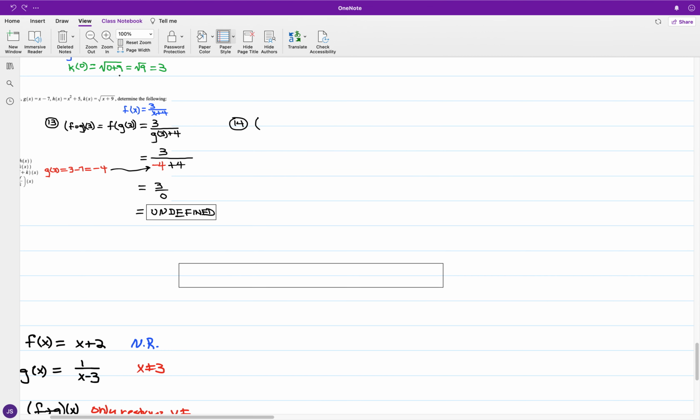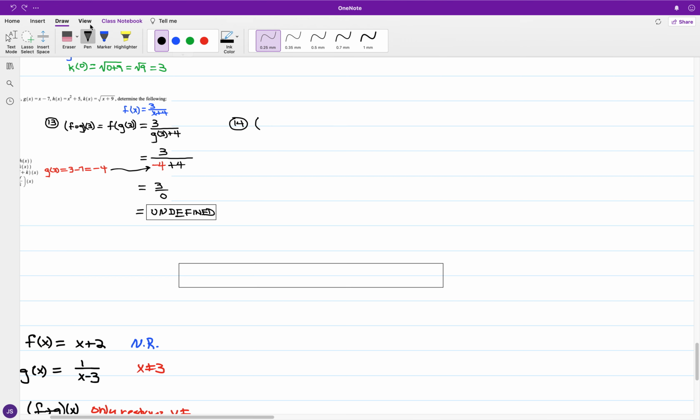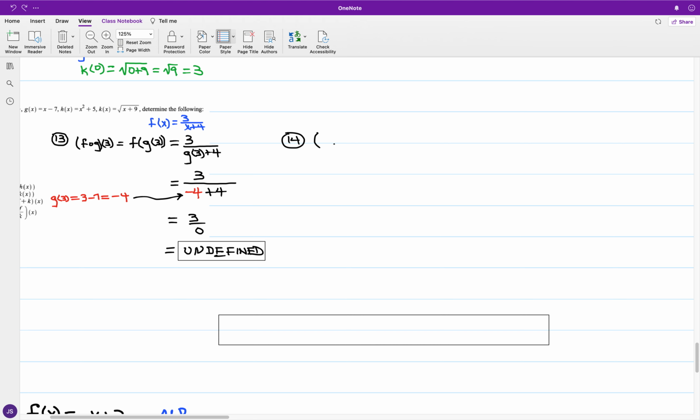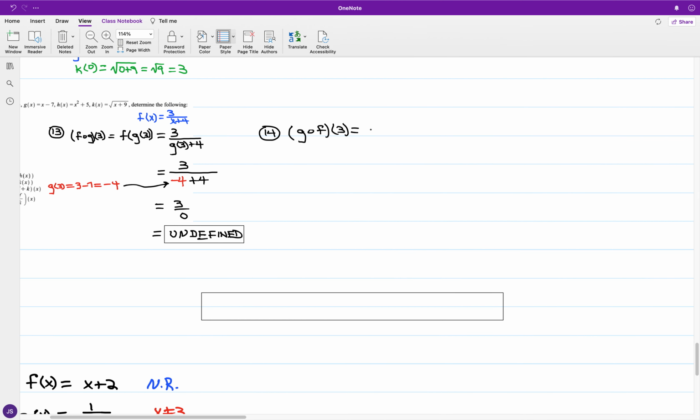So we have, in the case of g composed with f of 3, with the compact notation, g of f of 3.